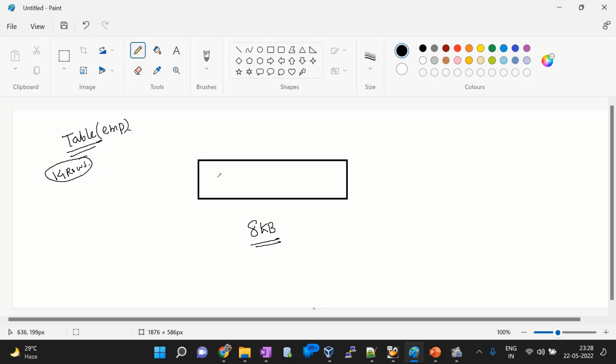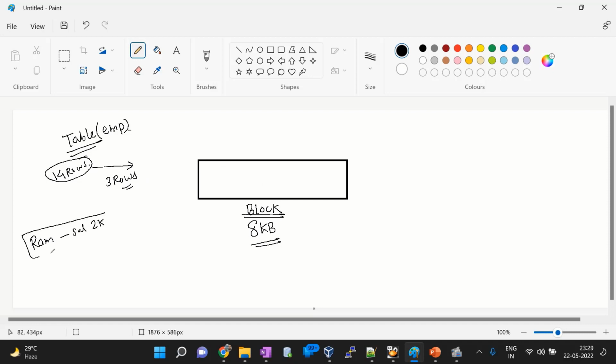Suppose in this block we have one, two or three rows, and the block size is 8K. One row has the name Ram and his salary is 2K.